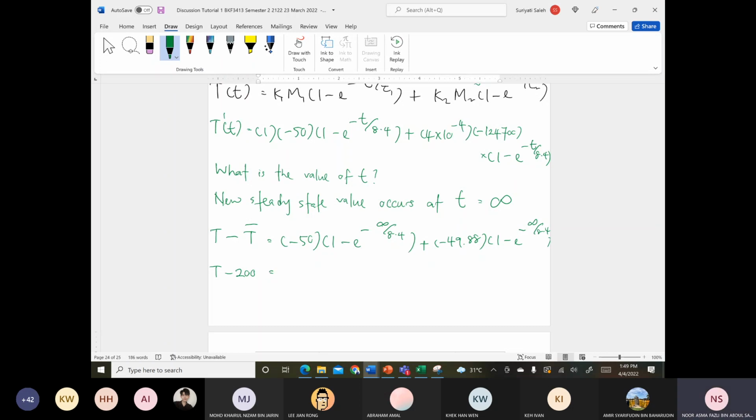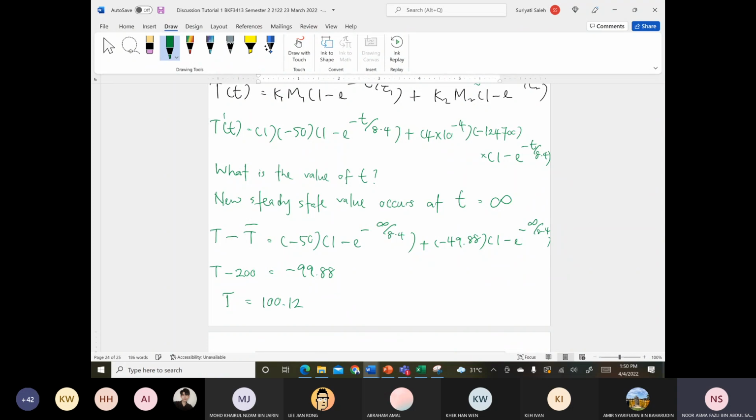So what is the answer for the right hand side? It is negative 99.88. So here the answer should be 100.12.